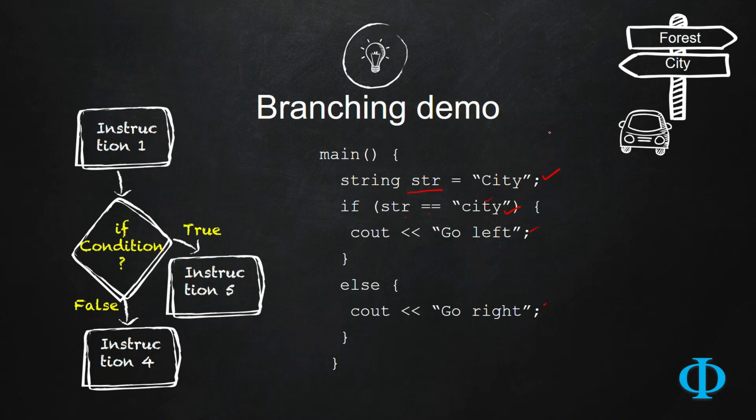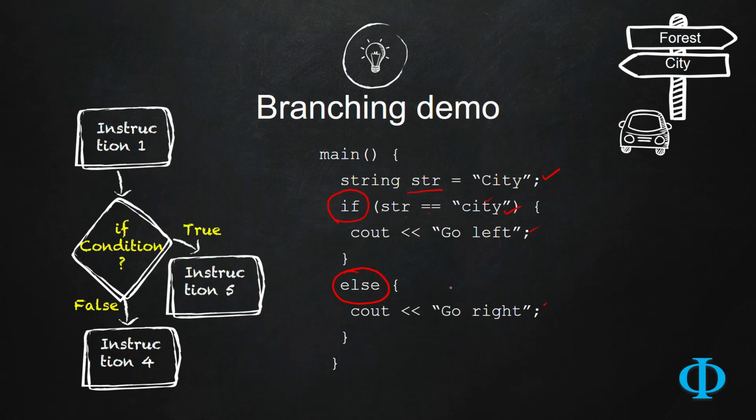Now this type of branching in C++ is facilitated by the keywords if and else. If is followed by the condition based on which the program should decide its execution path.